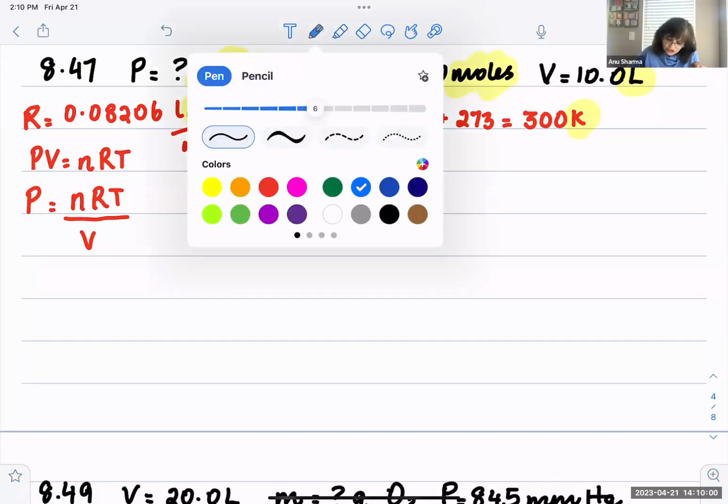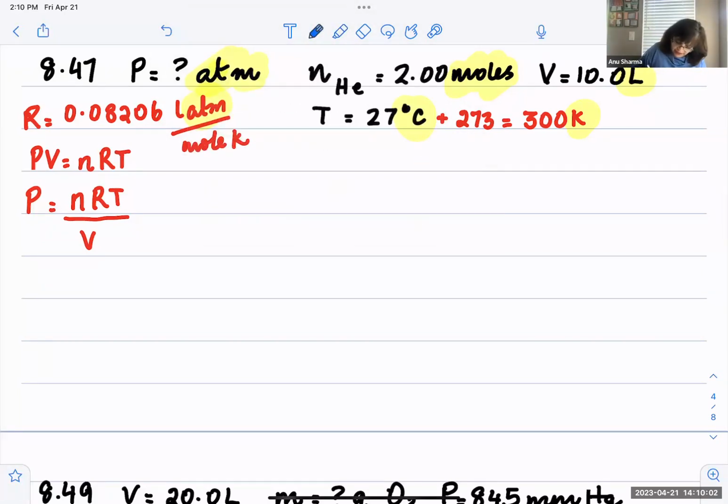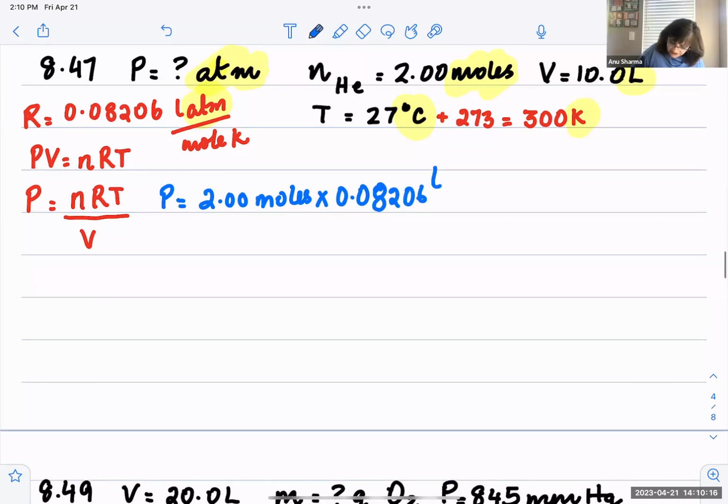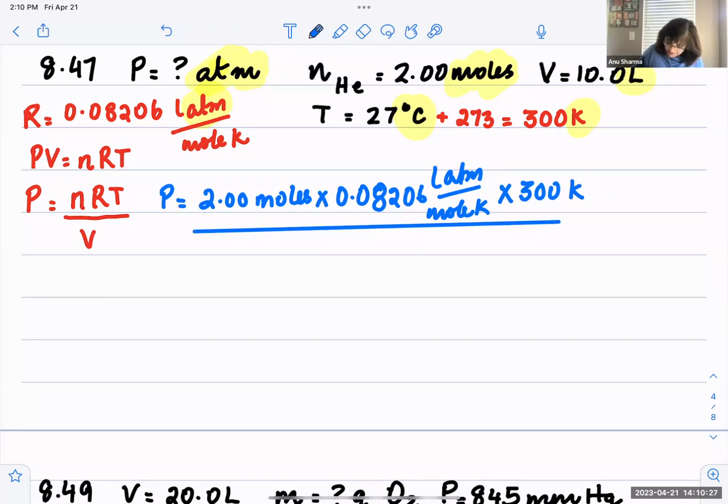All right. The rest is just plugging in the numbers. So P is equal to 2.00 moles times R, 0.08206 liters atmosphere per mole K, times the value of T, which is 300 Kelvin, over the volume, which is 10.0 liters.